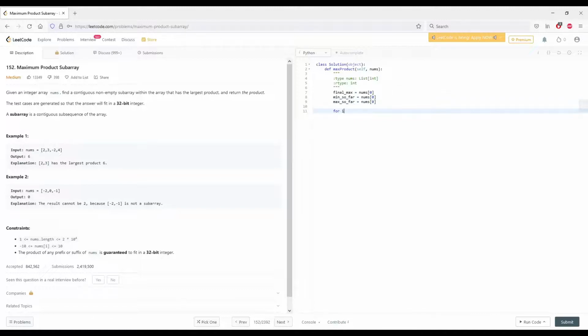So now I'm going to iterate through the nums array, starting from position 1. And val is going to be at that index. So what I'm going to do is, first check if val is equal to 0, then what I want to do is normalize these to 1.